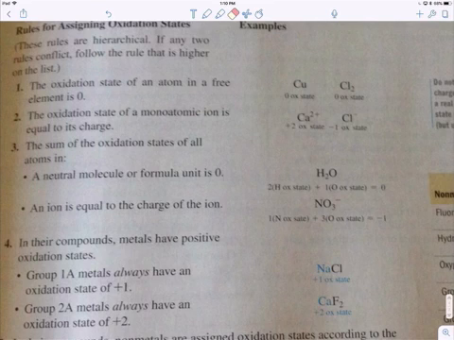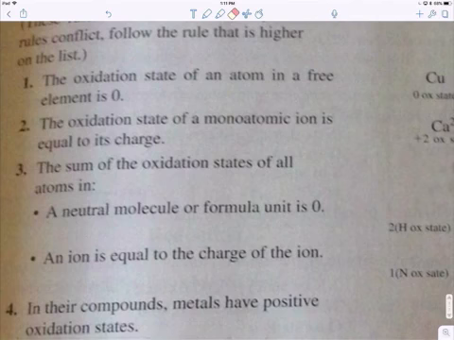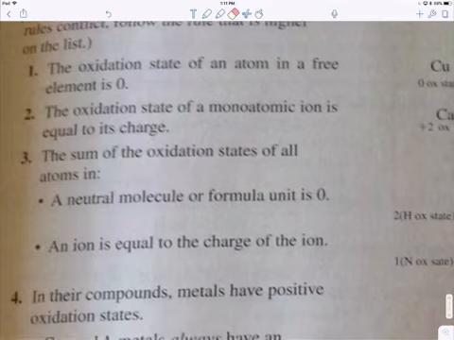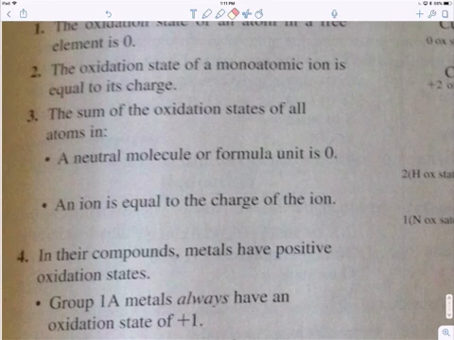Any free element has an oxidation state of 0. Rule 2: the oxidation state of a monatomic ion is equal to its charge. Monatomic means one atom. Rule 3: the sum of oxidation states for all atoms in a neutral molecule or formula unit is 0, or for an ion, is equal to the charge of that ion.